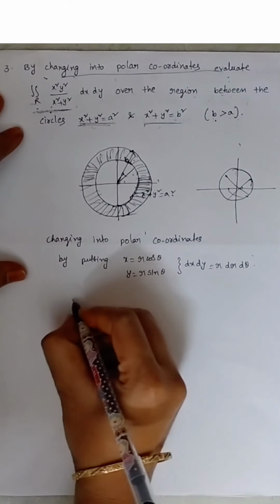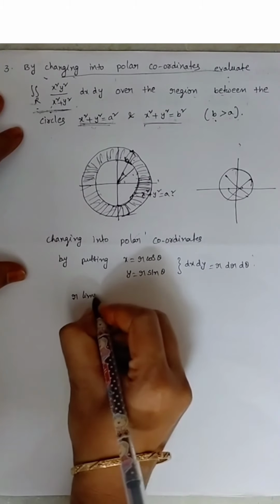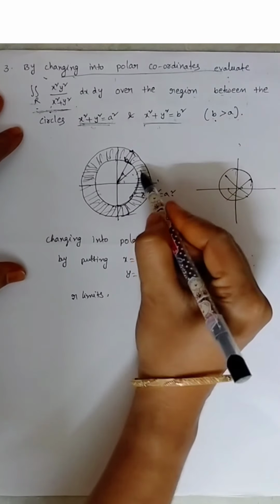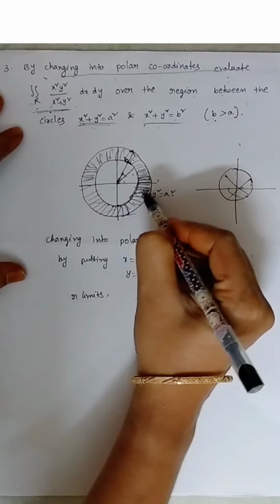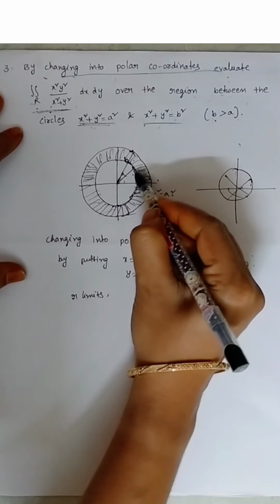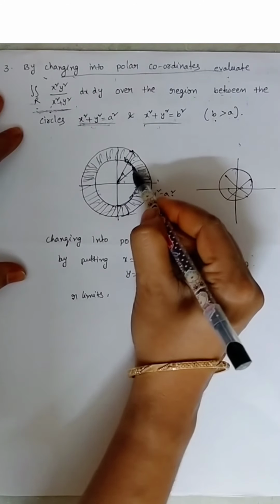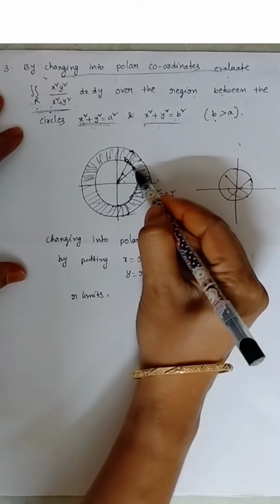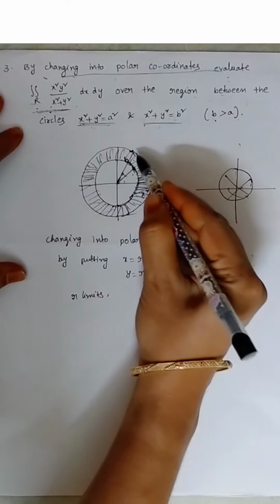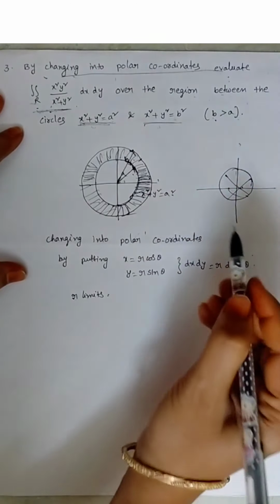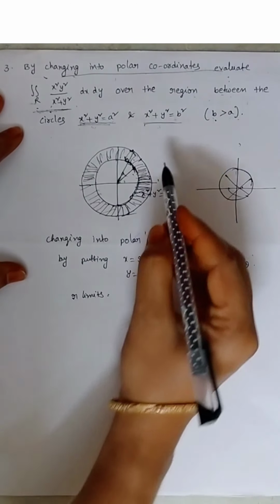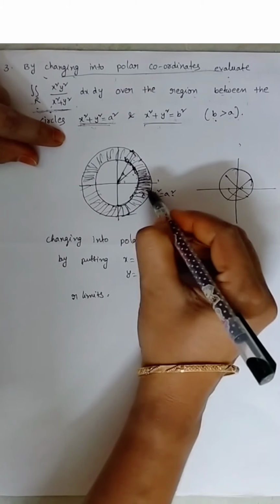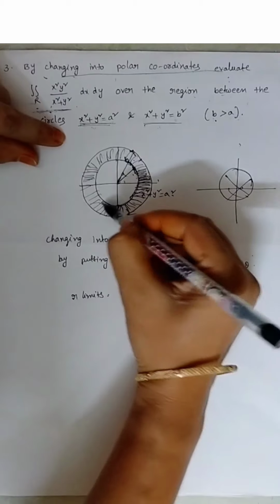Now the r limits. R means radius, and we have to find it for this region. This is radius a and this is radius b. So I am repeating once again how to find the r limits. We have to find the integration with respect to the region in between the circles.